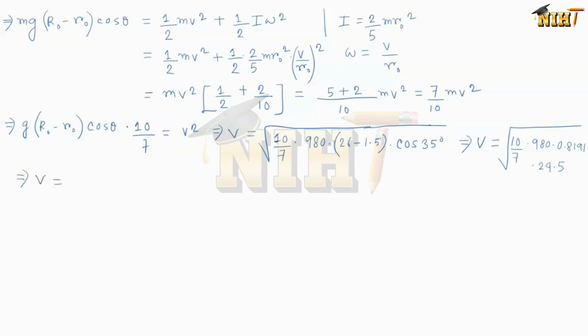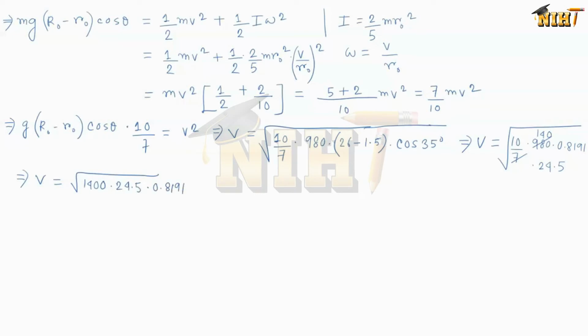Now by calculating this part, we get 1400 multiply 24.5 multiply 0.8191.